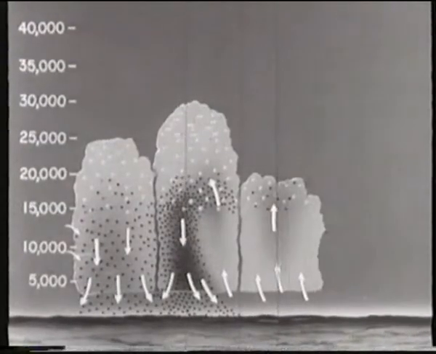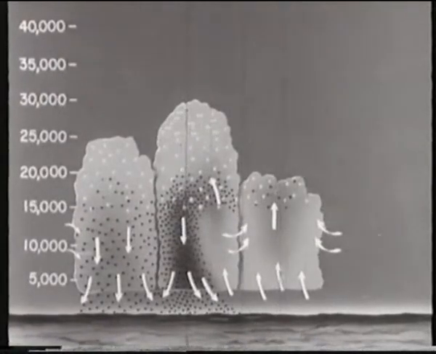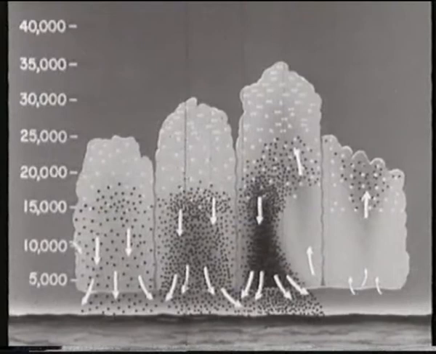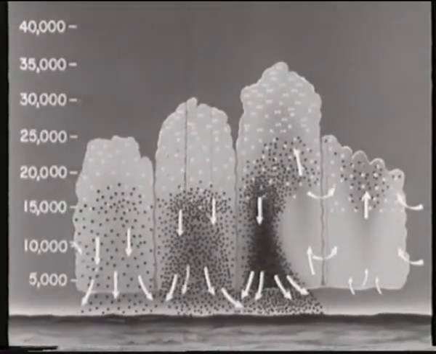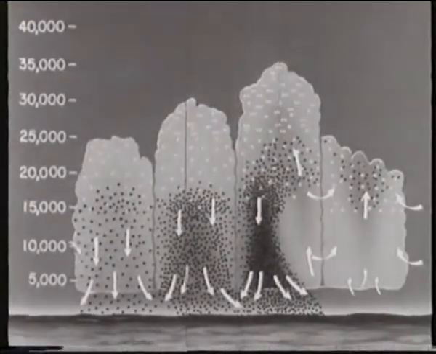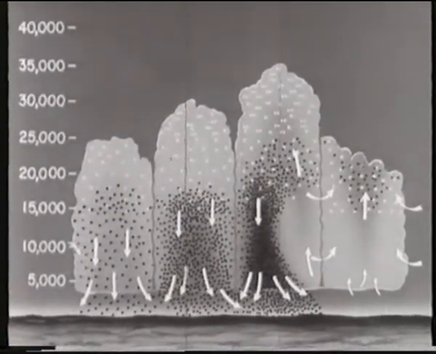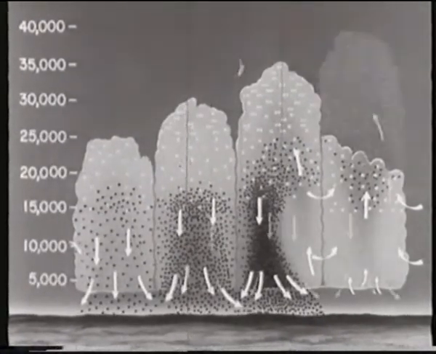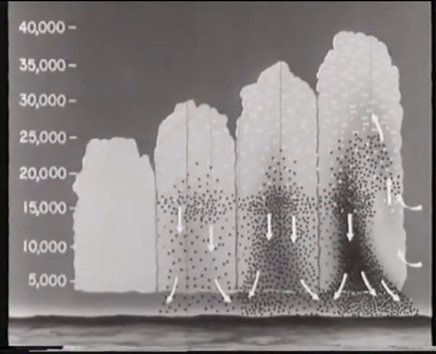A multicellular storm contains cells which are in various stages of development. Each successive cell tends to attain a greater height because one feeds the next. A new cell absorbs saturated air from earlier cells rather than the relatively dry air which surrounds an isolated cell, thus developing some of them into new thunderstorm cells.